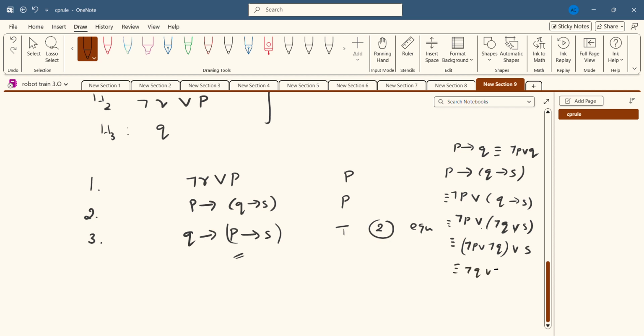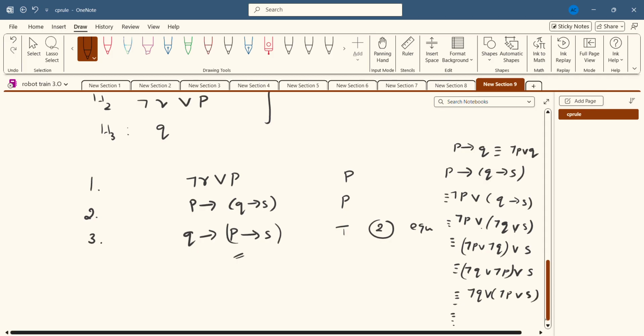Negation Q union negation P. What is commutative? A union B equals B union A, union S. So here I am going to apply the associative property once again, negation Q, negation P union S.